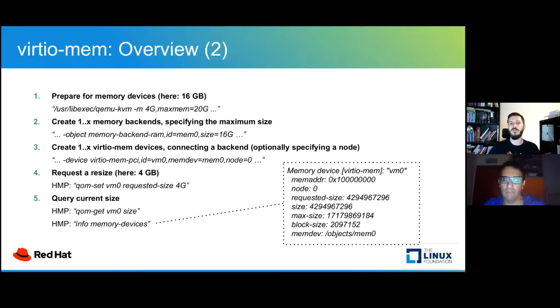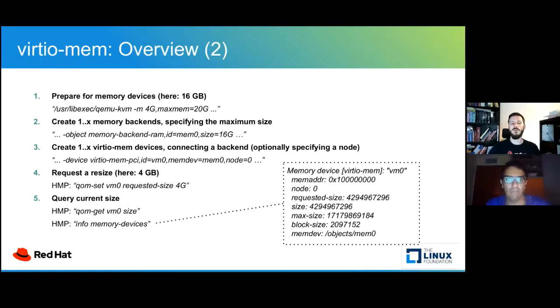The size you specify actually corresponds to the maximum size. Then you create your actual virtio-mem device. You can assign it to a node and you connect the memory backend. By default, if you start your VM, your guest would not consume any additional memory via this virtio-mem device. It will start consuming more memory as soon as you actually request it.